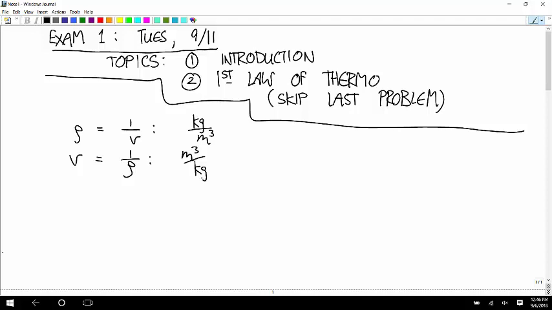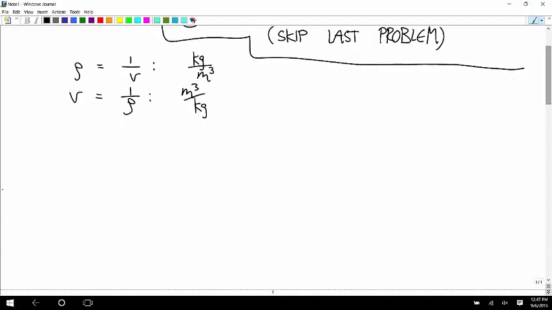Oh, okay. I don't have that problem in front of me, I don't think. Oh, wait, I do. Number 7. Okay, so 2 pounds of gas. All right, so let's do number 7. This is in the intro. Okay, so we had 2 pounds of gas.